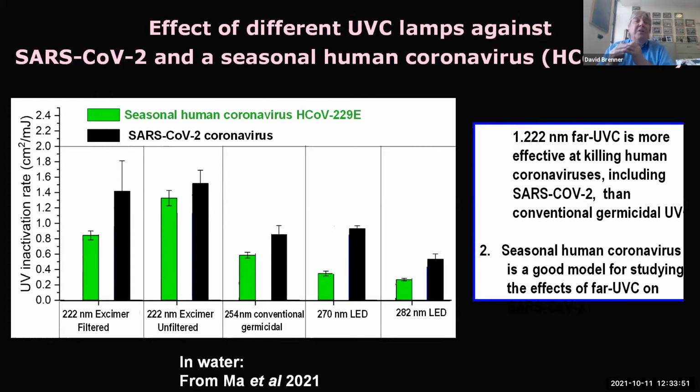And the other conclusion that one can draw from this is that seasonal human coronaviruses, basically the sorts of coronaviruses that we've been exposed to forever and give us common colds and so on, have reasonably similar responses to the response of the SARS-CoV-2 coronavirus.